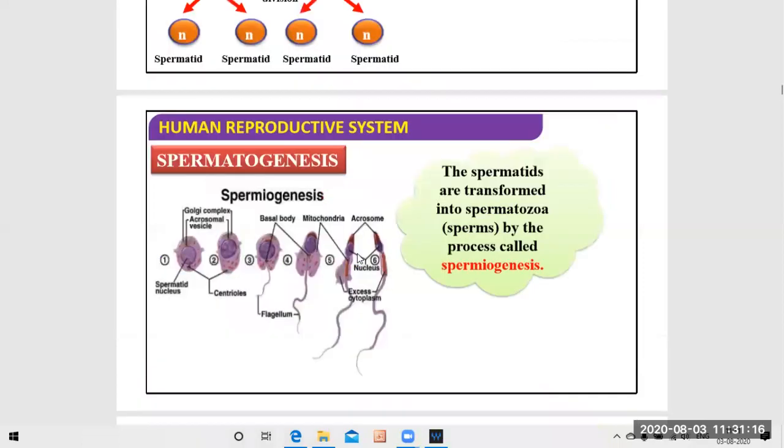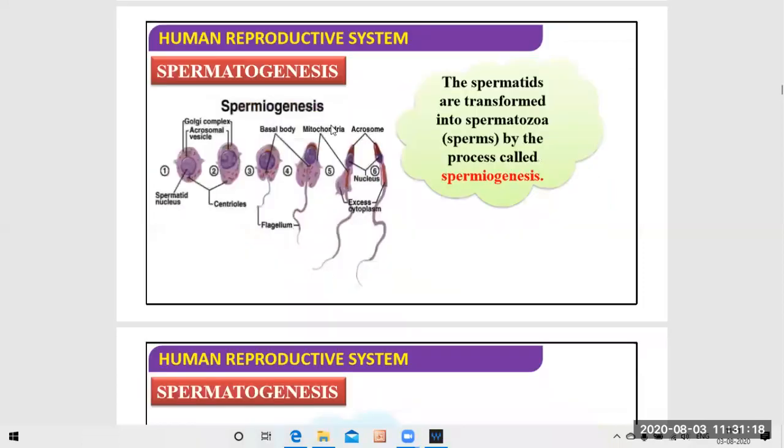Then in spermatogenesis, the spermatids are transformed into spermatozoa. This conversion of spermatids into spermatozoa, where cells convert into sperms, is by the process called spermiogenesis.